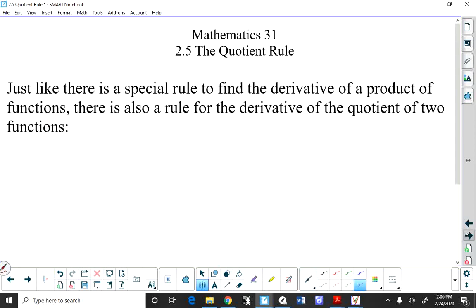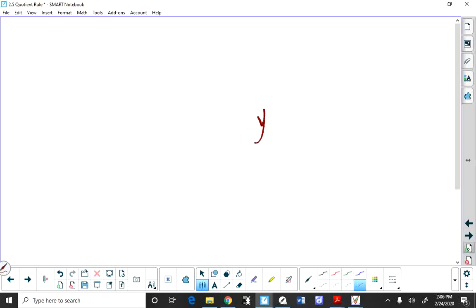I'm not going to spend time today showing you that we need a rule. You're going to have to trust me. I can give you a quick example. Let's say we have y equals 2x over x plus 3, and I say, what's the derivative of that?